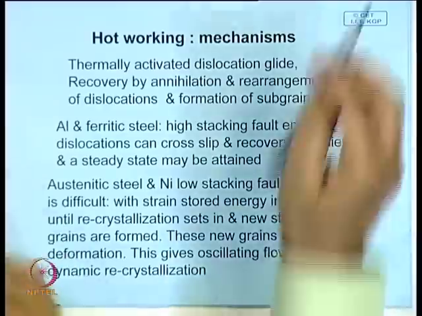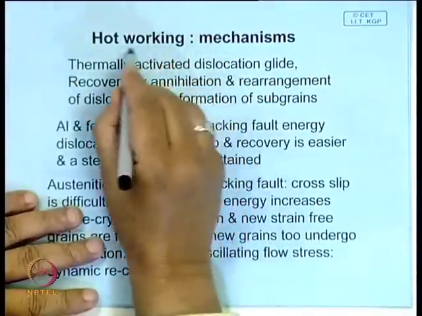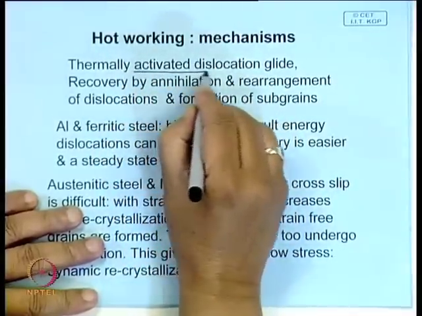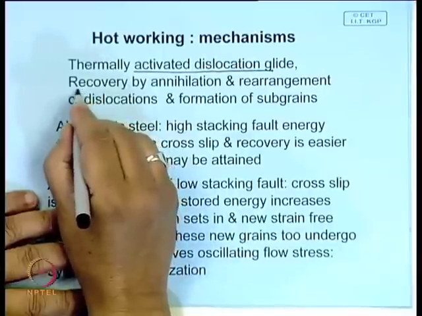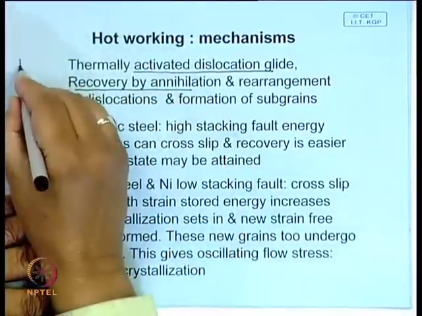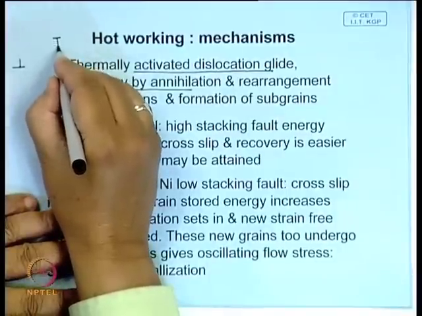Because of this thermally activated dislocation glide, we can say that in hot working the primary mechanism is thermally activated dislocation glide, accompanied by recovery by dislocation annihilation. If there is a positive dislocation, there is a negative dislocation somewhere here.